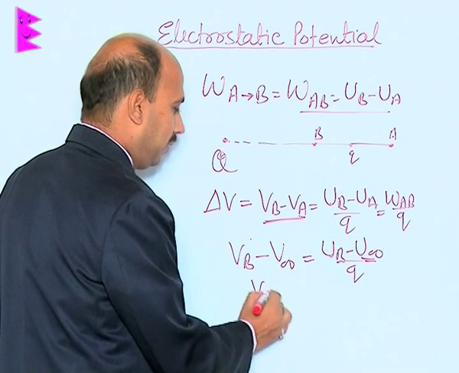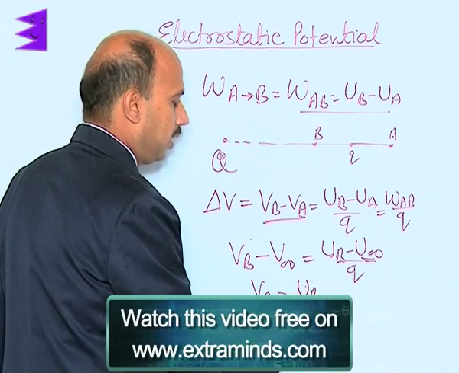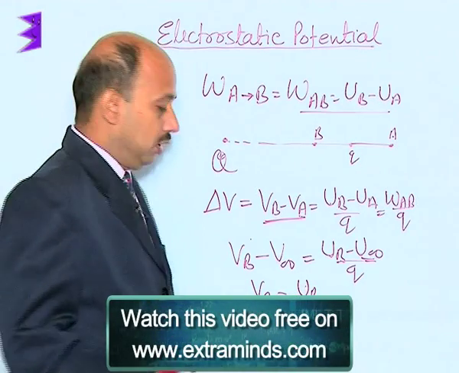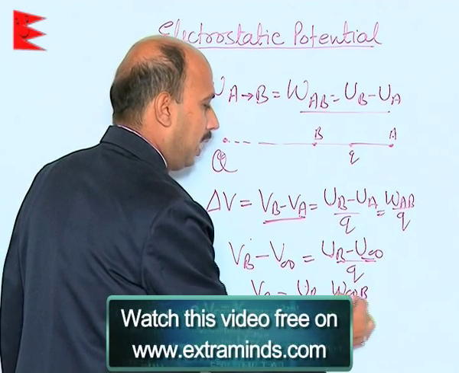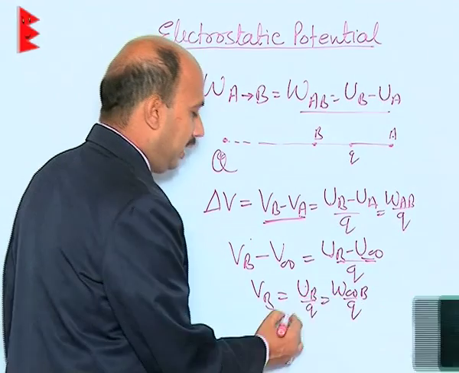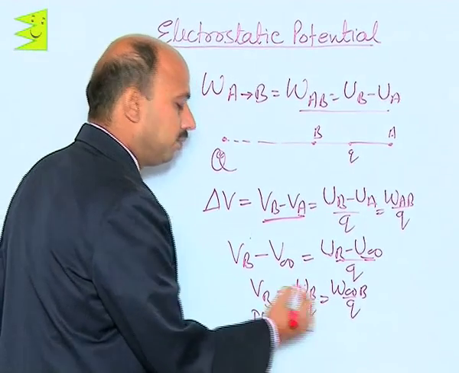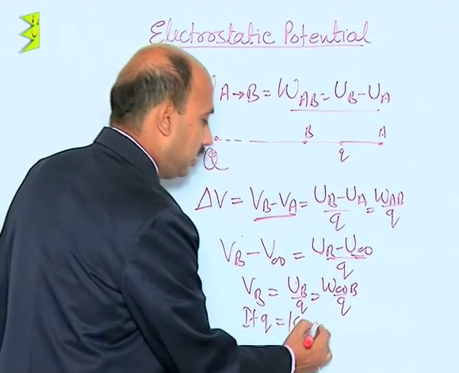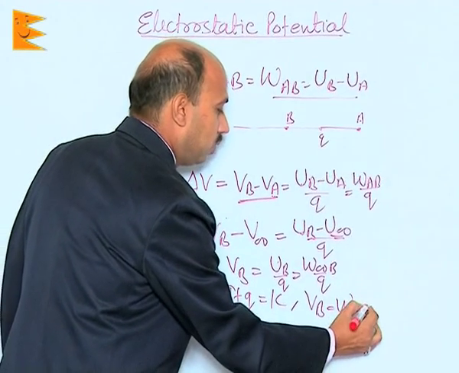So, we can take VB is equal to UB upon Q. And also it can be written W infinity to B upon Q here, and if you are taking Q is equal to 1 coulomb, that is the unit positive charge, then we can write VB is equal to W infinity to B here.